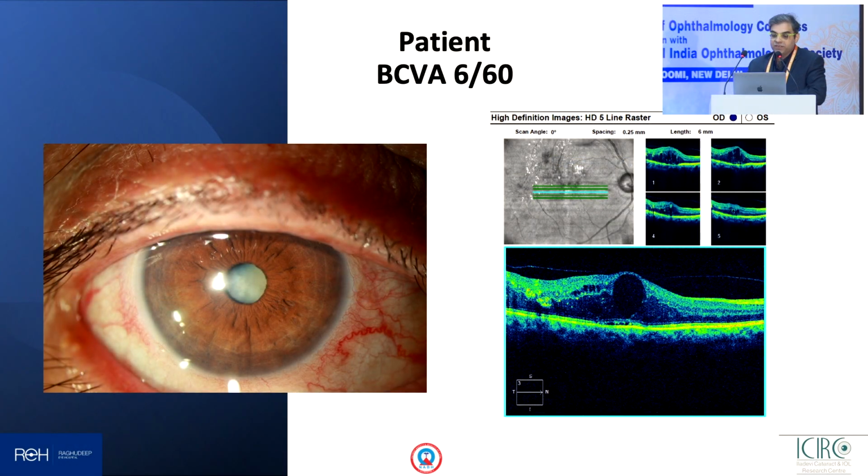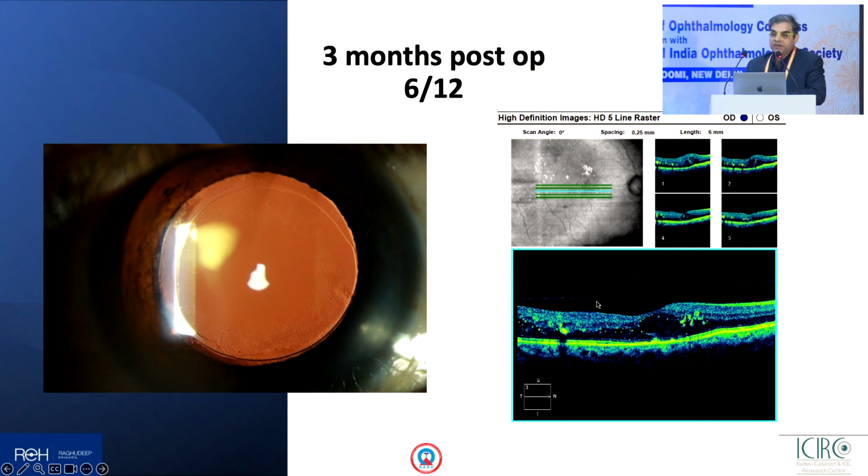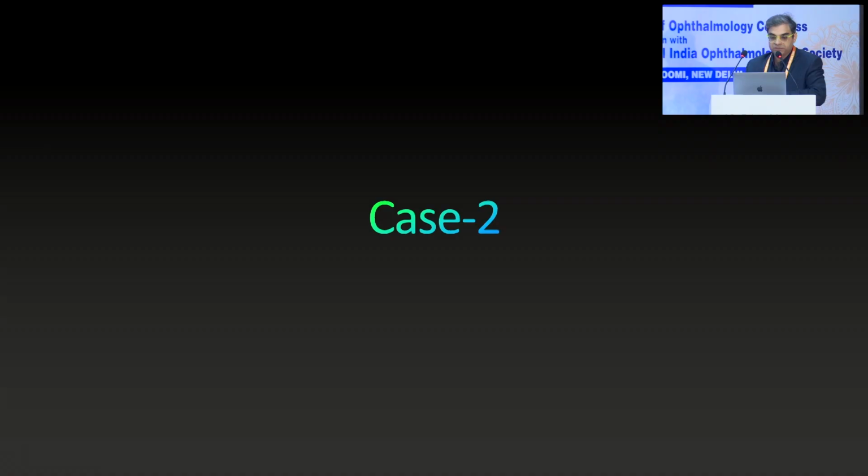Here is our first case, showcasing a cataract and diabetic macular edema secondary to non-proliferative diabetic retinopathy. The patient successfully underwent phacoemulsification along with the dexamethasone implant, and even at the end of 3 months, the patient continued to maintain decent visual acuity and almost regressed diabetic macular edema even many months later.